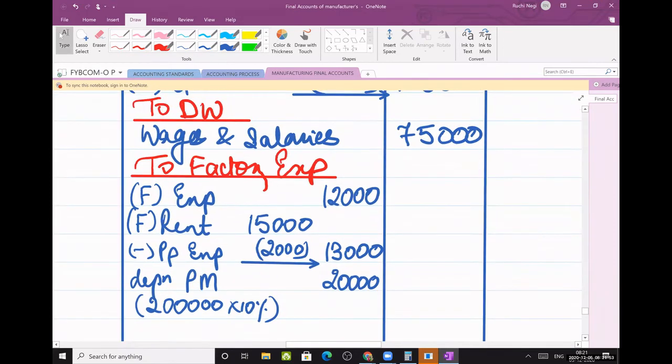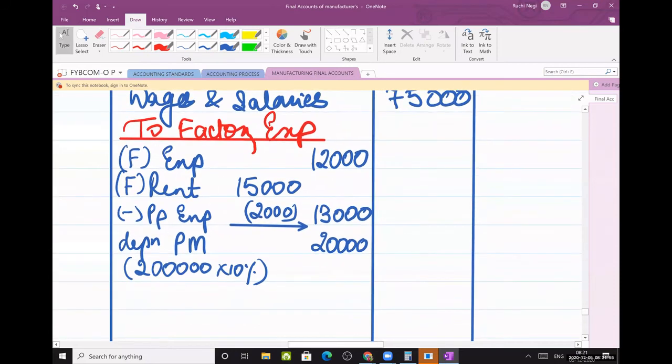You can directly take these figures in the outer column, or you can total the inner and then take it in the outer. Or else you can directly write 12,000 here, 13 here, and 20 here, or you can directly put the total out. Either case.